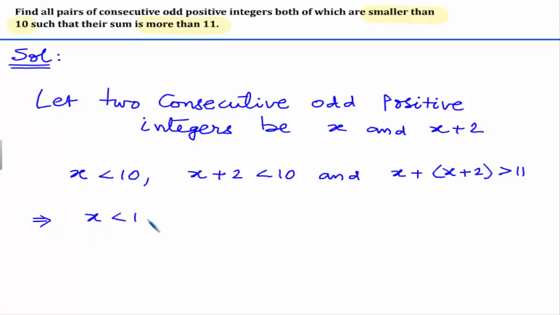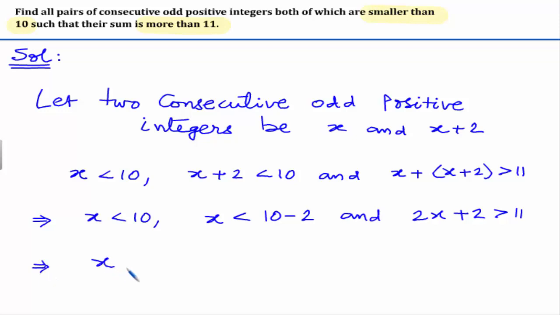The first one, x less than 10, we write as it is. Here by subtracting 2 on both sides, we get x less than 10 minus 2, and here it can be written as 2x plus 2 greater than 11. Now on further simplification, we get x less than 10 and here x less than 8.